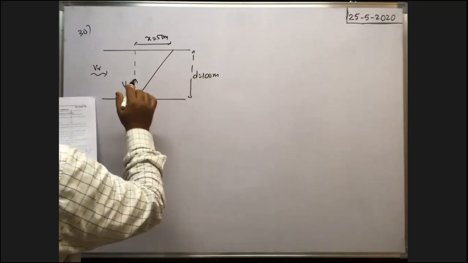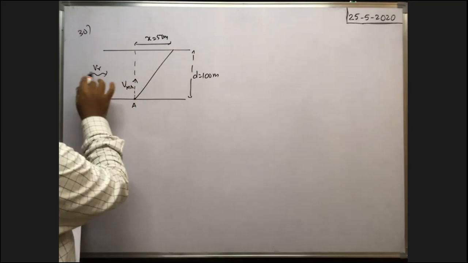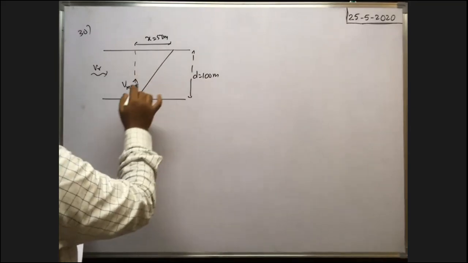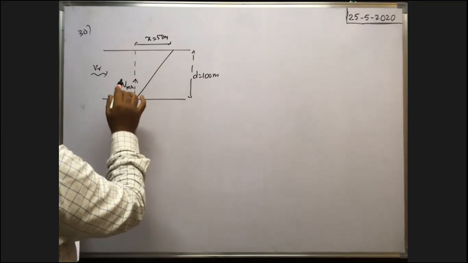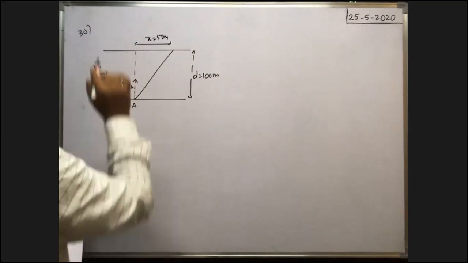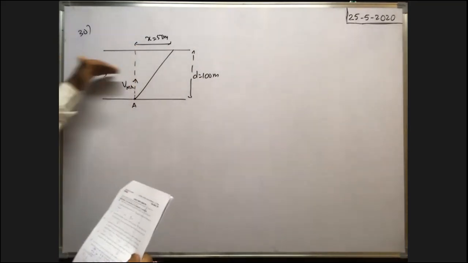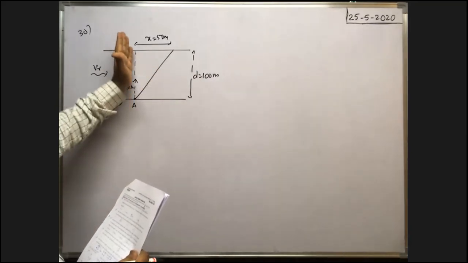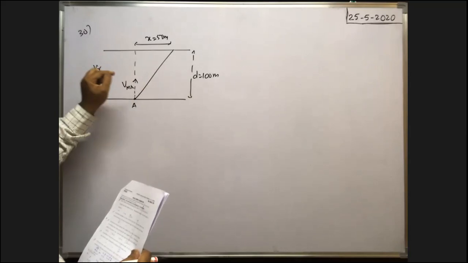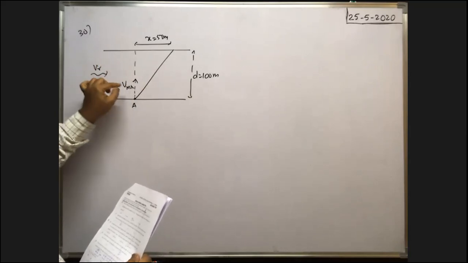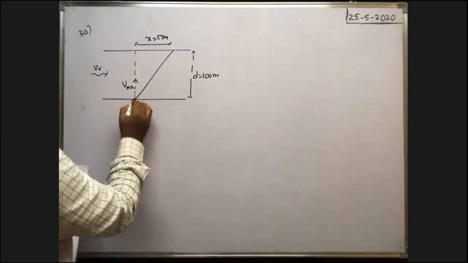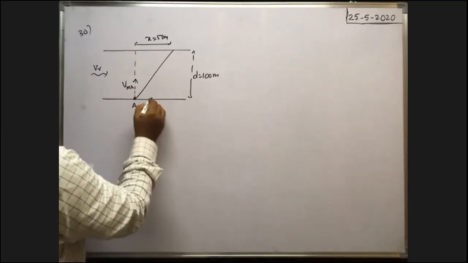When he swims perpendicular to the water current, the man swims with velocity VMR perpendicular to the direction of river flow. So the river flow is in this direction, and perpendicular to it the man swims along this direction. That means it is the velocity of the man with respect to the river. But at the same time, the man experiences the velocity of the river also.